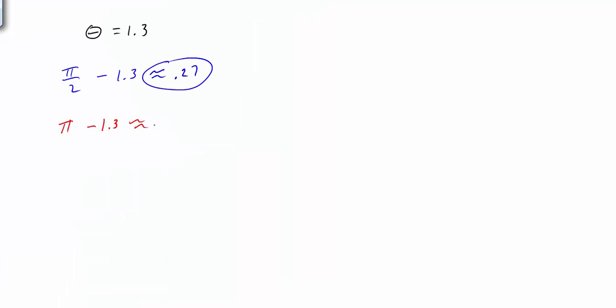So therefore, the angle is 1.84. Now, once again, we know this is in terms of radians because we're not going to put a little degree sign here. Otherwise, it's in terms of degrees. But because we're working with radians, we have 1.84 radians.